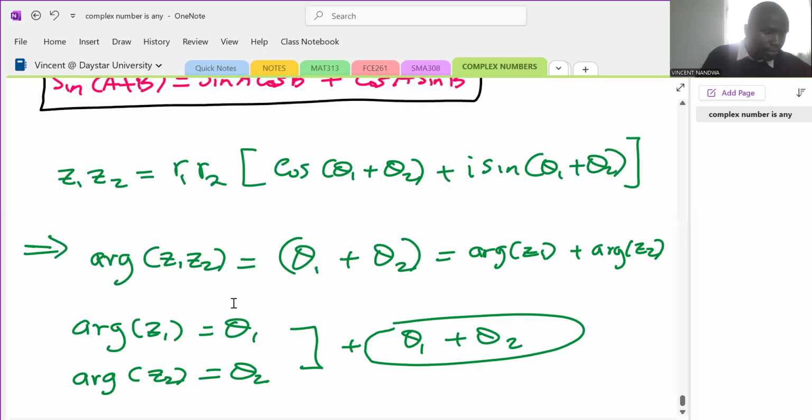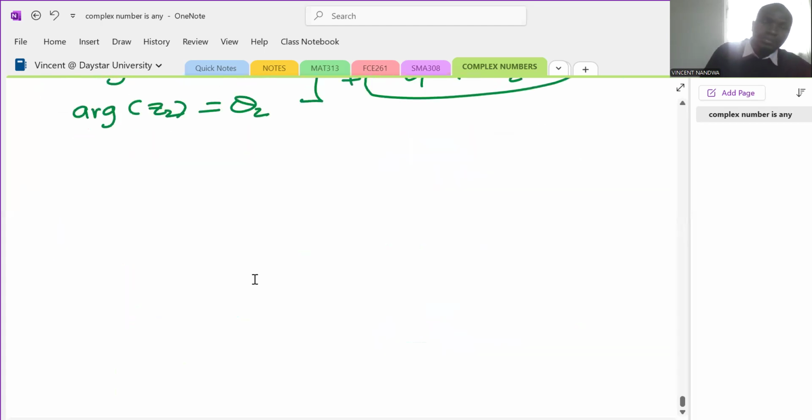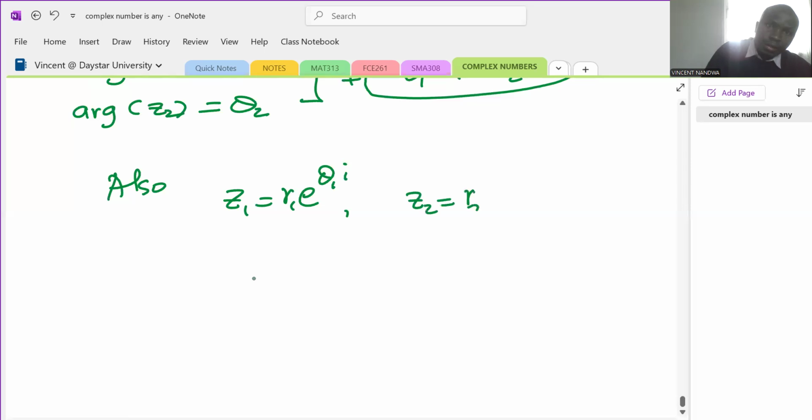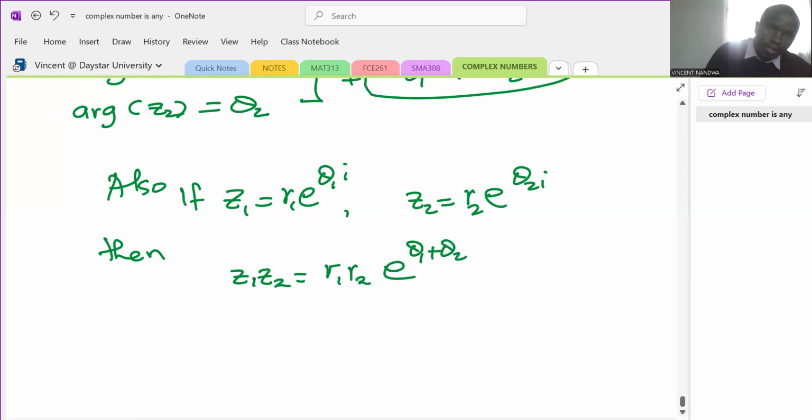So using this, we also remember that if we write Z1 as R1 e raised to the power theta 1 i, and Z2 as R2 e raised to the power theta 2 i, then Z1 times Z2 will simply be R1 R2 e raised to the power (theta 1 plus theta 2) times i.